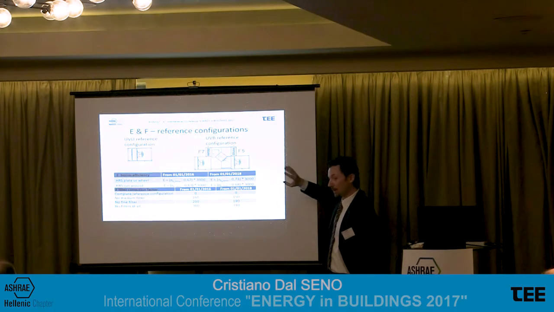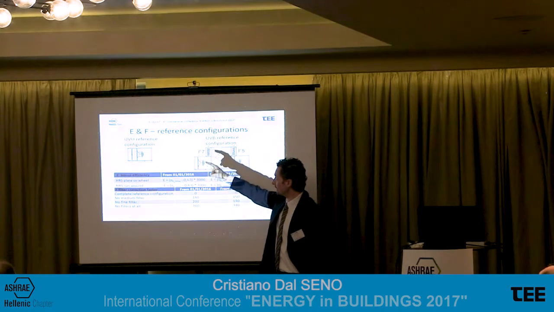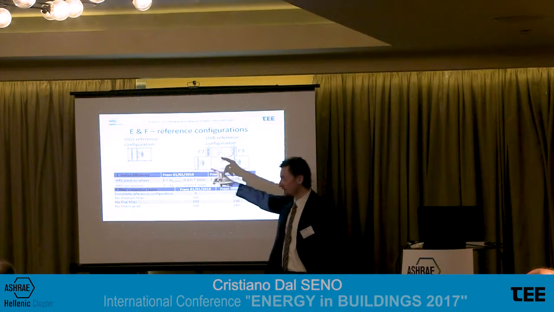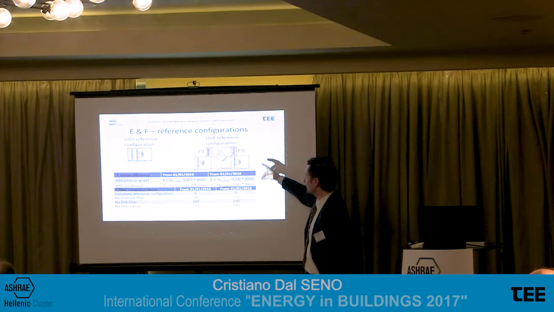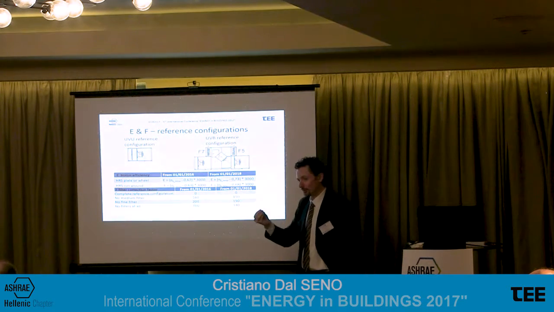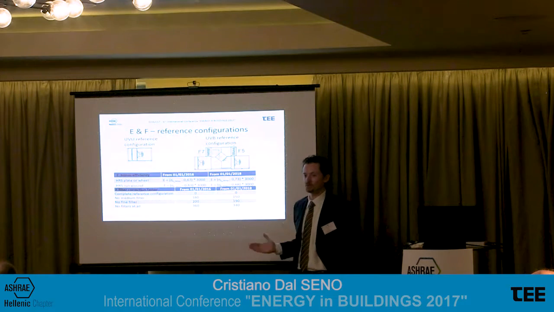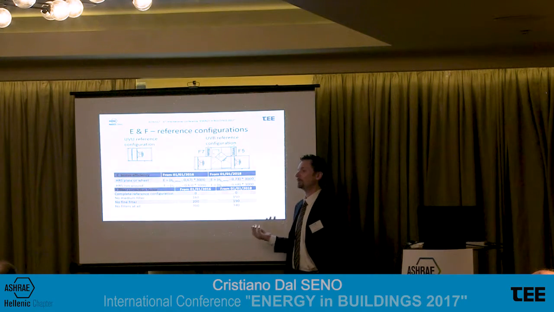If we compare our unit, we compare it to unidirectional reference configuration in that case, bidirectional reference configuration in this case. The ones who wrote the regulation simply said, okay, we said that in 2018 the minimum efficiency of a plate heat exchanger must be 73%. And if I install a 75, why should I be considered at the same level of somebody giving 73?